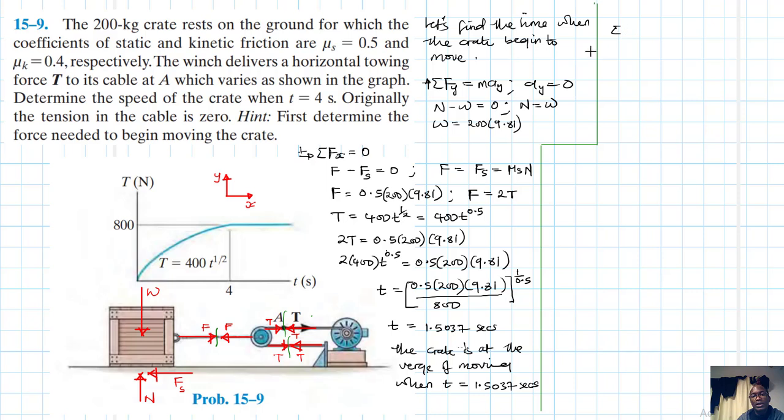So say summation, since our force here is a function of t, we need to integrate. Initially I would just have been writing it like this, remember?